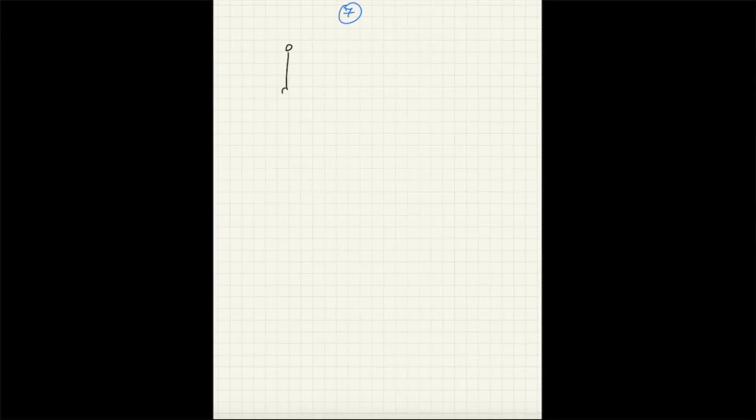Let's say you have a graph, something simple like this. This graph has V equals 5, number of edges equals 6, and number of faces equals 3.